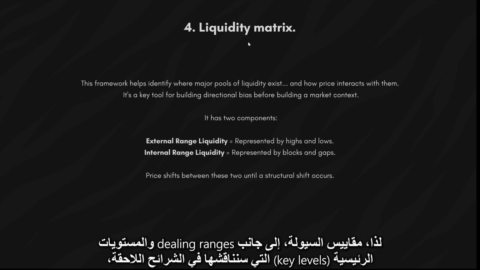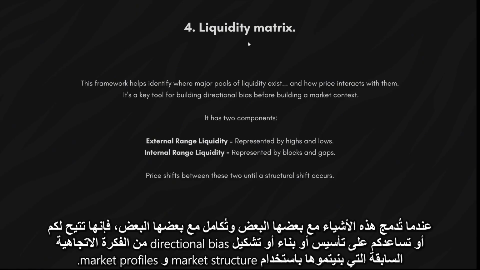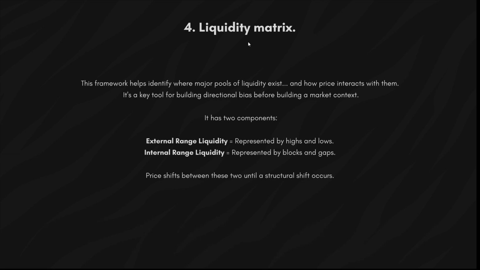Liquidity metrics along with dealing ranges and key levels that we will discuss in later slides, when those things are combined and integrated with each other, help you form a directional bias from the previous directional idea that you built with market structure and market profiles. That's the purpose, the function of this concept right here.